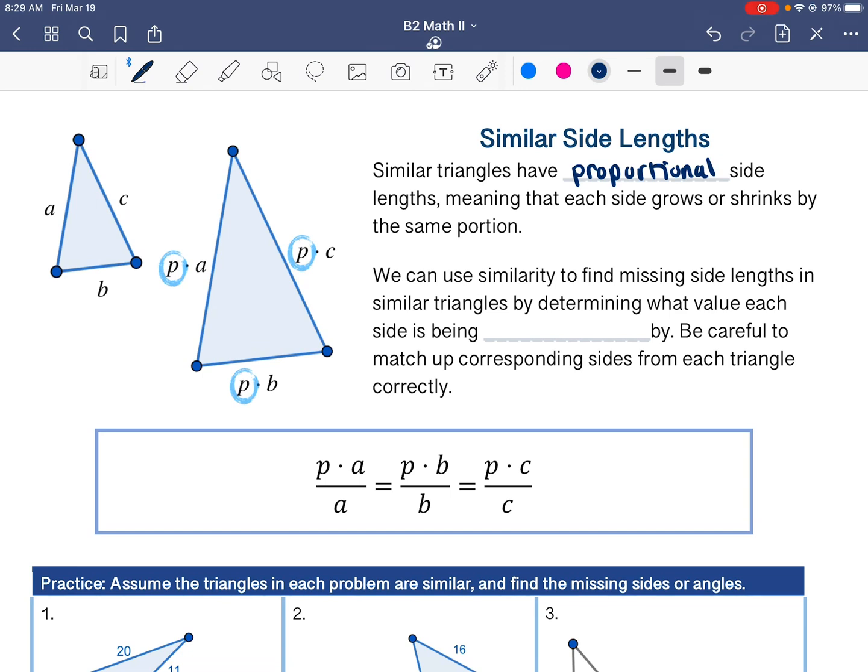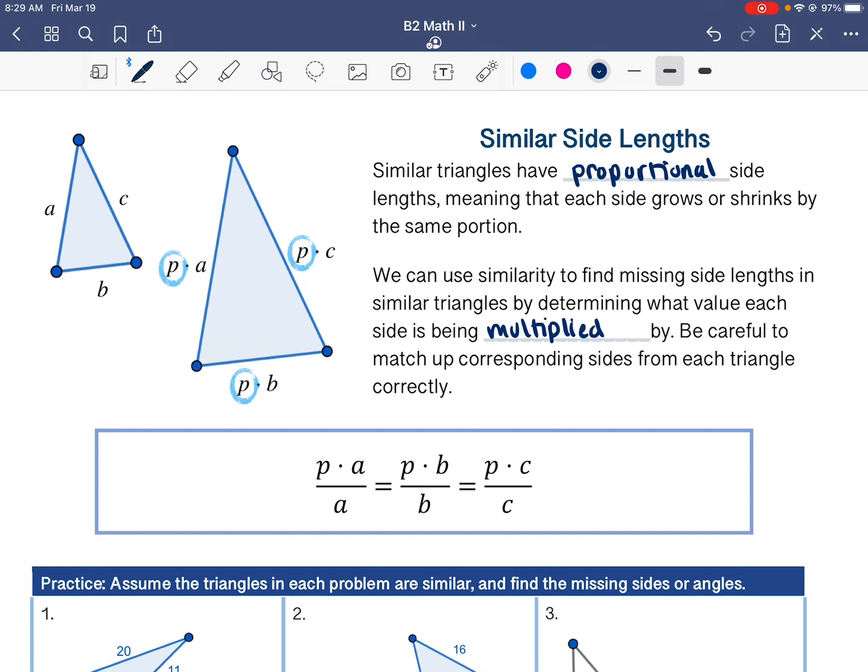We can use similarity to find missing side lengths in similar triangles by determining what value each side is being multiplied by. Be careful to match up corresponding sides from each triangle correctly. So we just have to make sure that we know which sides correspond to each other, and we have to figure out how they're being scaled, and then that's how we can find the missing sides.